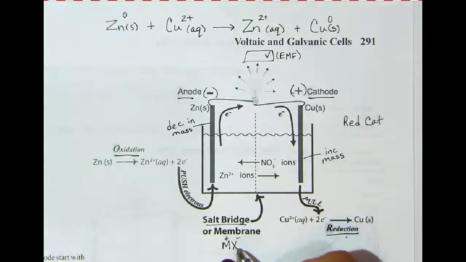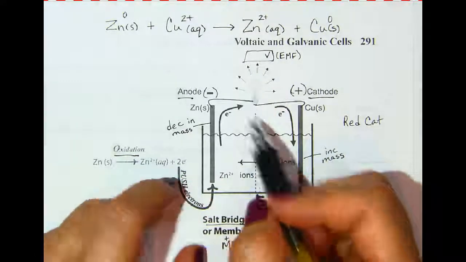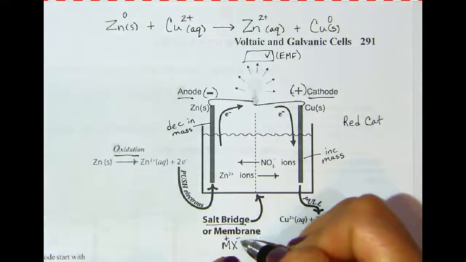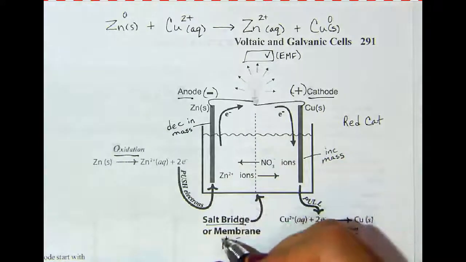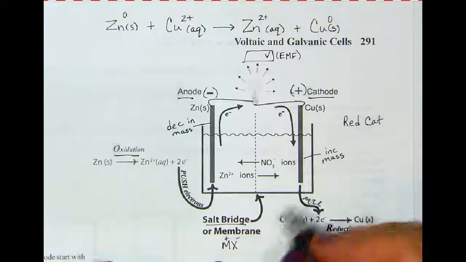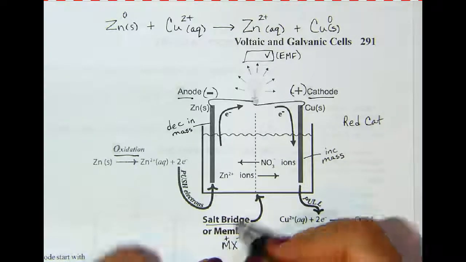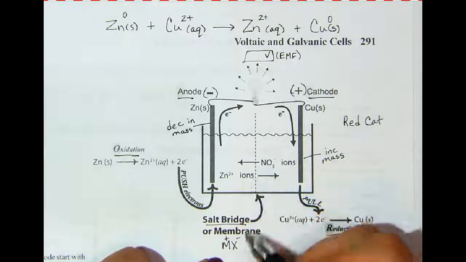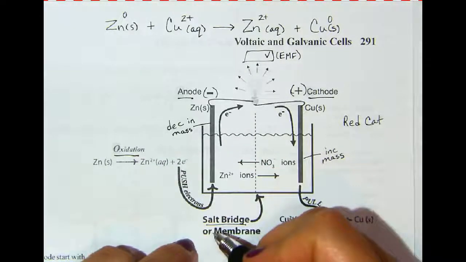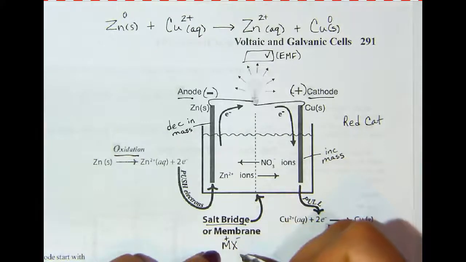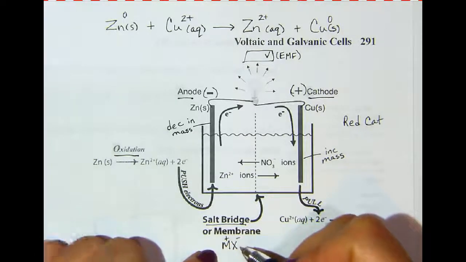They complete the circuit by carrying the charges in the solution. Negative ions flow toward the anode, so negative anions flow toward the anode, and positive ions flow toward the cathode, or positive cations flow toward the cathode. Notice the similarities in the names. Anions go to the anode, cations go to the cathode. That's actually how cations and anions got their names.